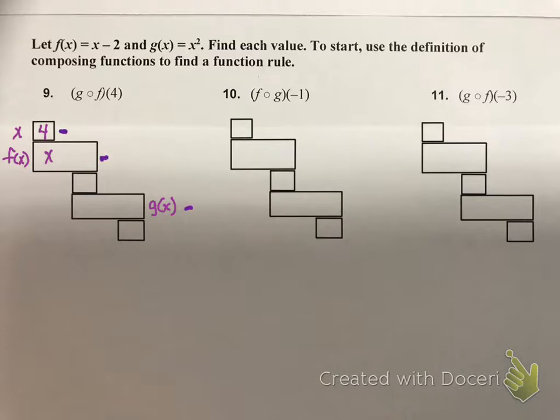X is 4, g of x is x squared, f of x is x minus 2. So 4 for x gives me 16... 4 minus 2 gives me 2. 2 squared gives me 4.